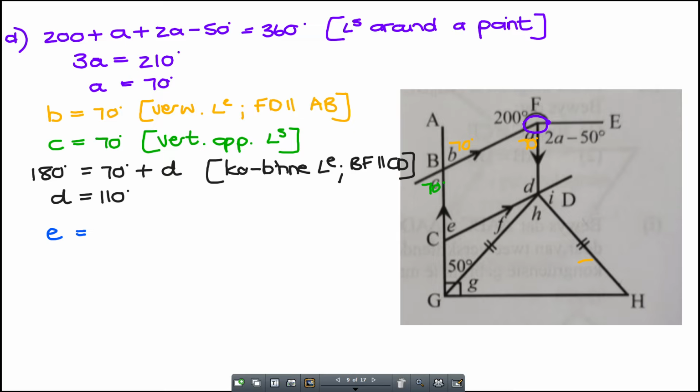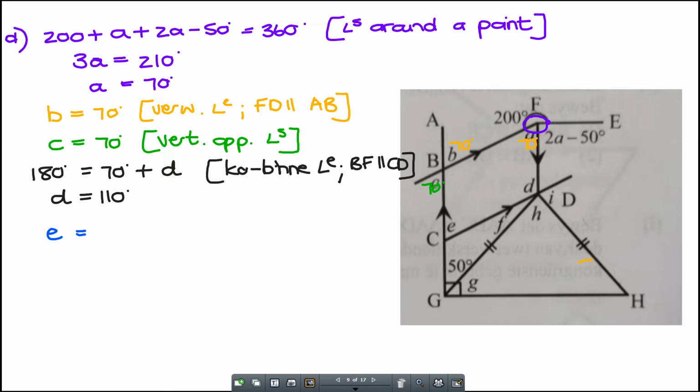Wat is jou rede? Teenoorstaande hoeke van parallelogram. Kan ek sê teenoorstaande hoeke is gelyk? Nee. Nie net dat jy moet sê omdat dit 'n parallelogram is. Kyk gou hier, julle sal sien ons kort redelik af by die redes, né?